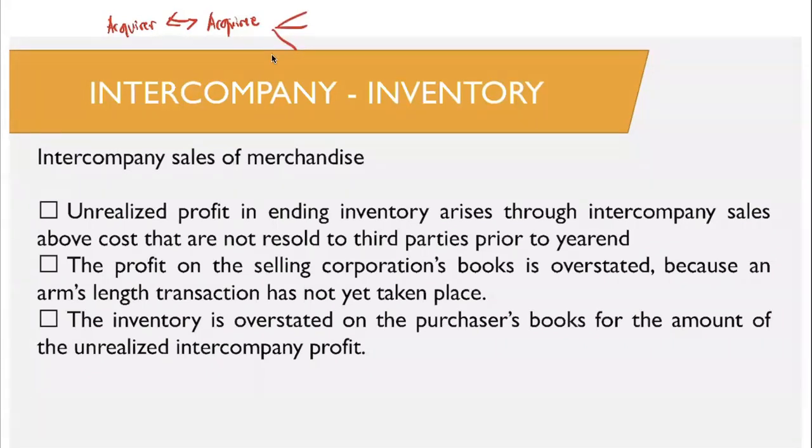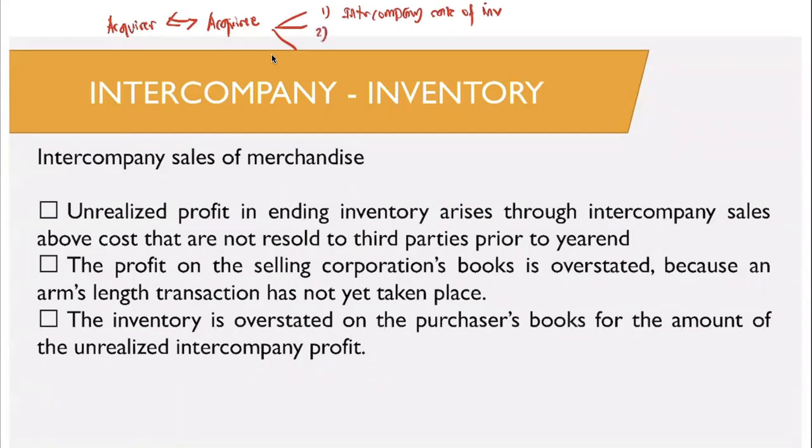Generally, in consolidations, we talk about these transactions. The first transaction is the intercompany sale of inventory. For example, the acquirer will sell inventory to the acquiree, or the acquiree will sell inventory to the acquirer.